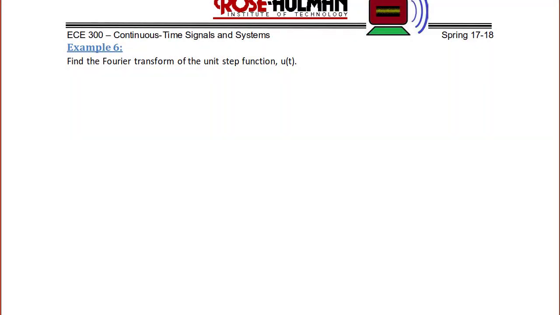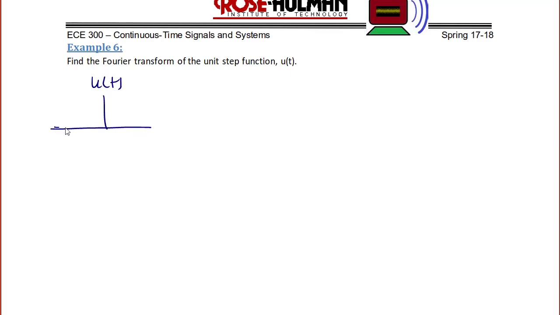Example 6. Find the Fourier transform of the unit step function u(t). So once again, we could use an auxiliary function in order to solve this problem. We could use e^(-at) u(t), very similar to what we did in the prior example, or we could just use what we already know. So u(t) has the following shape.